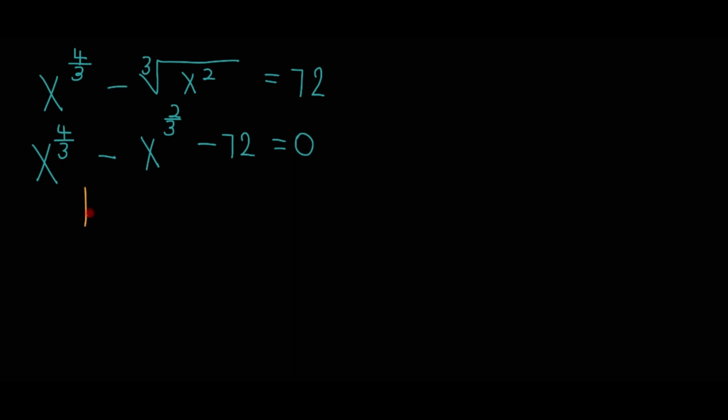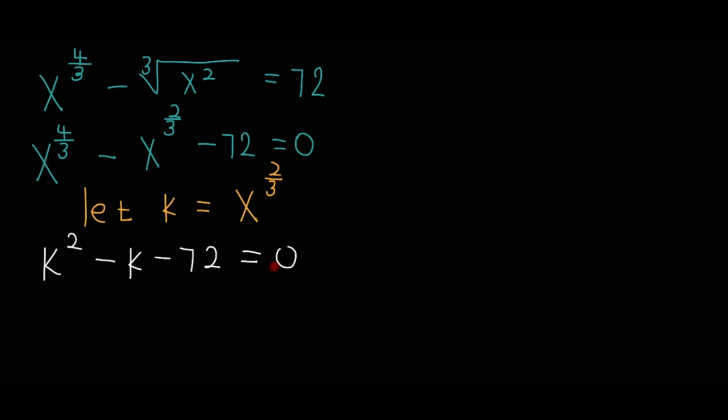So re la gore from there ke tlo re let k e lekana le x to the exponent 2/3, therefore re la gore ke na le k squared. Remember always ya the bigger one re la gore yo ba k squared. So re la gore mo ke na le k squared, and then minus k minus 72 equal to 0.